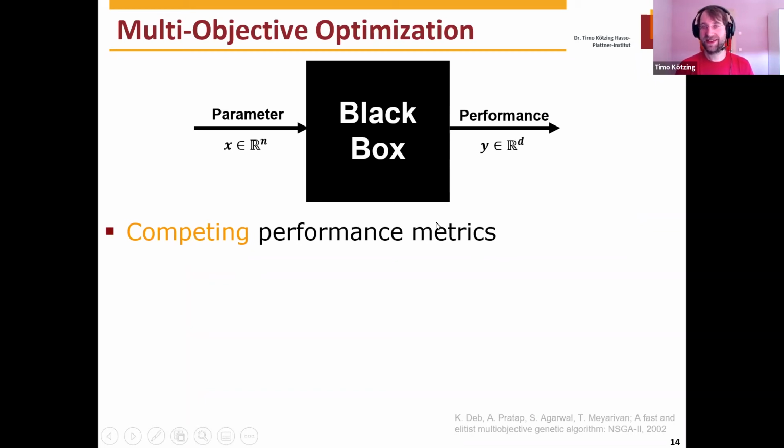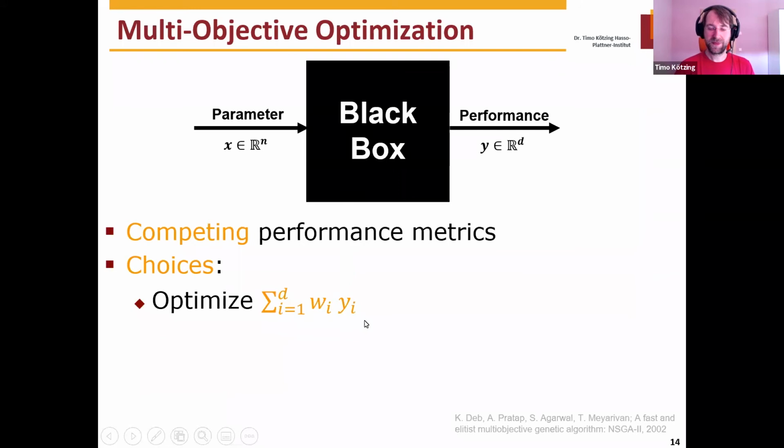Maybe something that uses just little energy in some kind of microchip while being still very fast to do my computations or some such. I have a number of choices of how to deal with this problem. So for starters, I can just, these are the Y_i, these are the performance metrics. So I have D different performance metrics. I can just take a weighted sum.